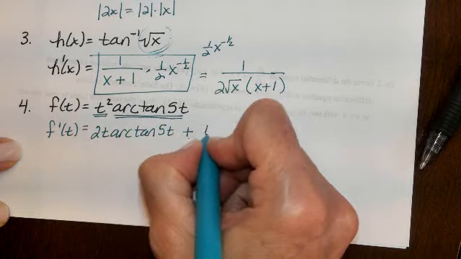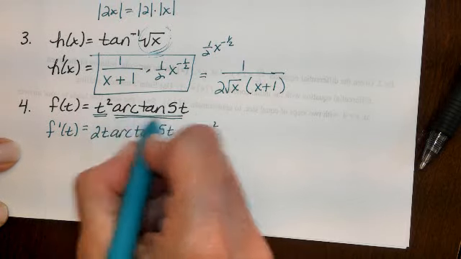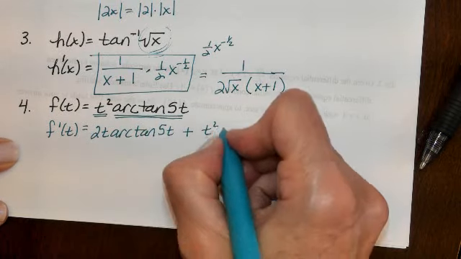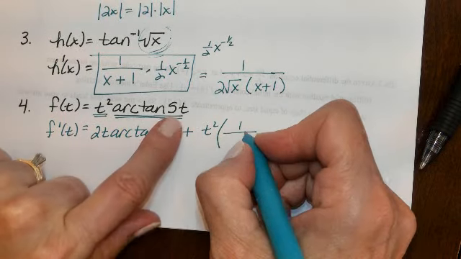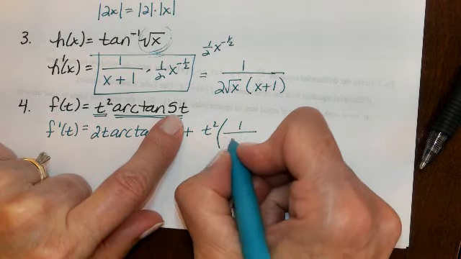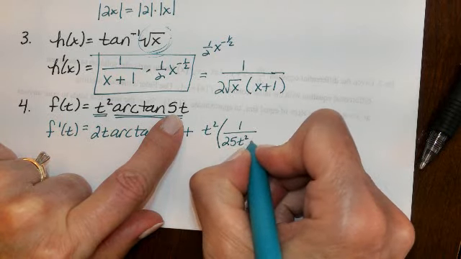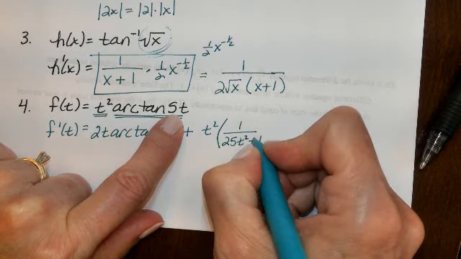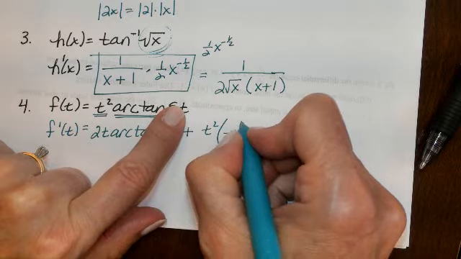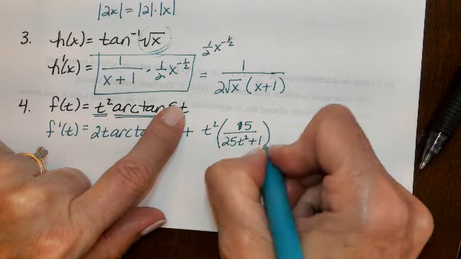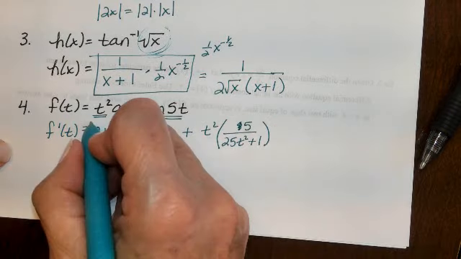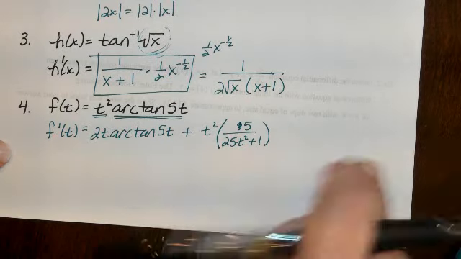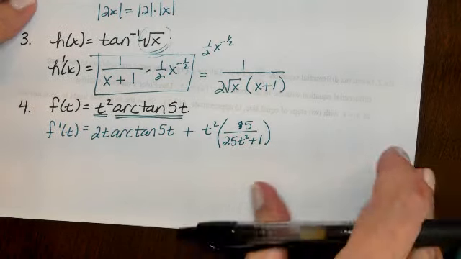Plus, now we're going to leave the t squared alone and write the derivative of arctan of 5t. The derivative of arctan of 5t is 1 over 5t squared, so 25t squared, plus 1 times the derivative of 5t. So times 5, so I'm going to put that 5 up on top. And that's it. Probably close enough to a multiple choice answer for you to pick out a multiple choice answer.